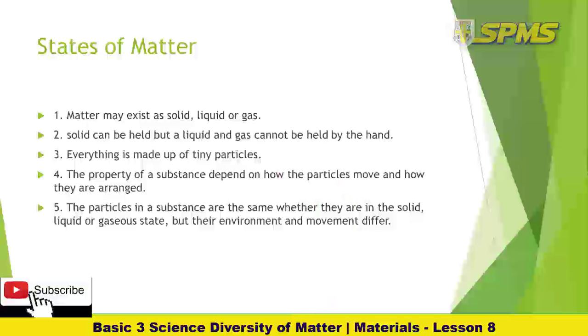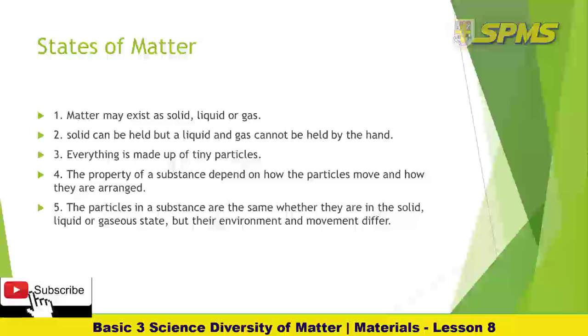Good. So matter may exist in solid, liquid, and gas. Solid can be held, but a liquid and gas cannot be held by the hand. Because solid is firm, it can be held by the hand, but liquid and gas cannot. Everything is made up of what?